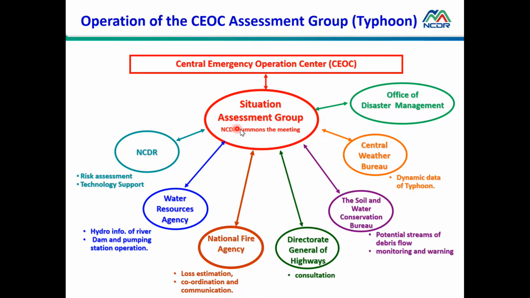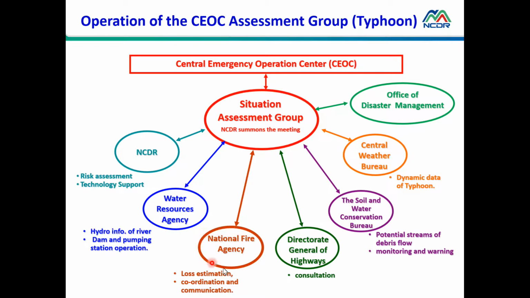NCDR is the leader of the situation assessment group and will call the meeting. We have certain members, including the Water Resource Agency. They provide a lot of hydro information, such as water level gauges and the operation of dams or pumping stations. They also offer my office a lot of real-time video.